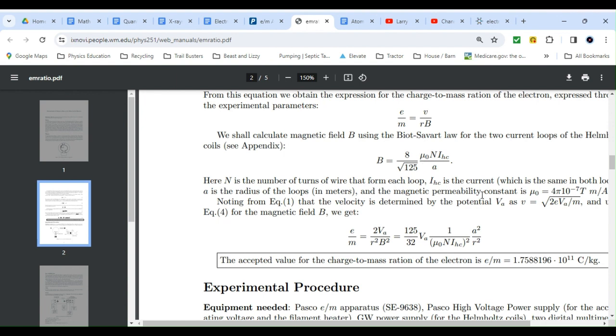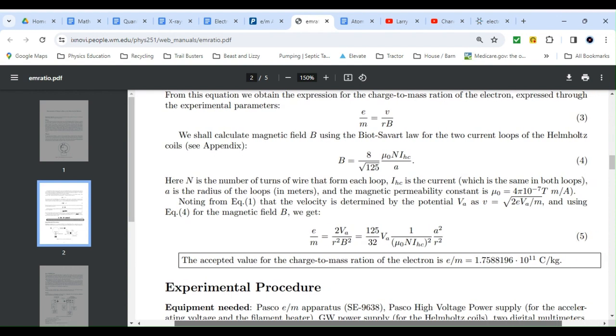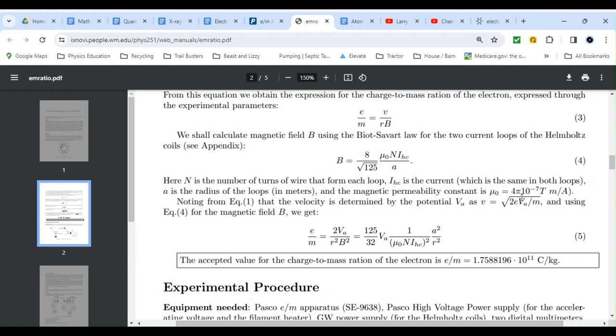Permittivity is in another area, I think, with capacitors. But anyway, that mu sub 0 is the permeability, and it's given by this constant value over here, 4 pi times 10 to the minus 7 T, which is the measurement of, boy, we're getting into a lot of stuff that I need to understand.